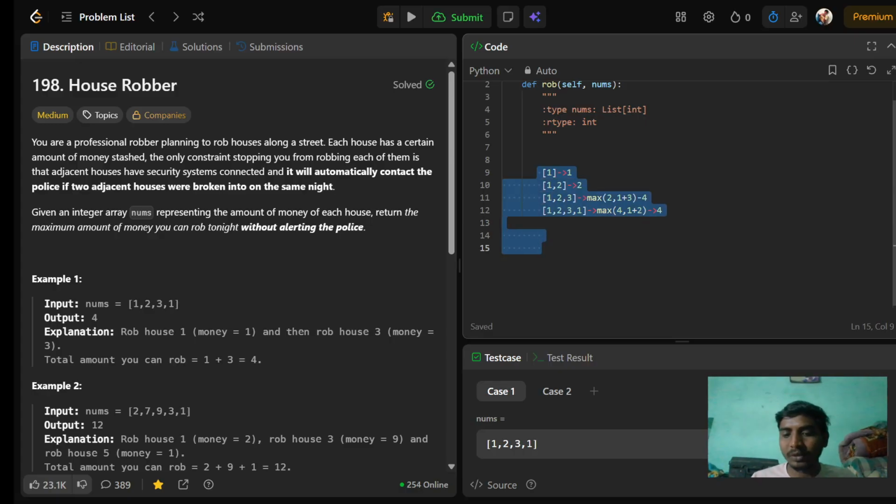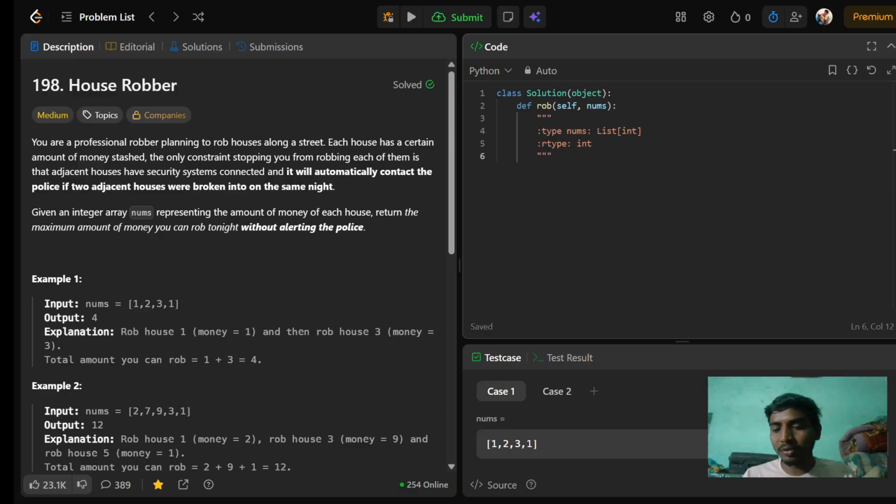Okay, let me code this. If there is only one house, that is, the length of nums is equal to 1, we need to return the first value.